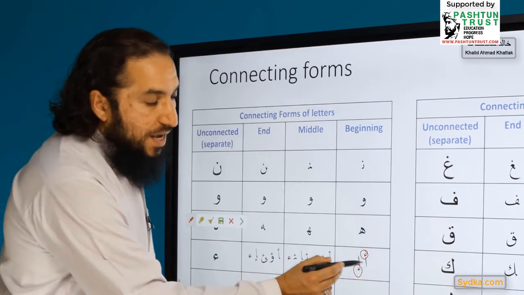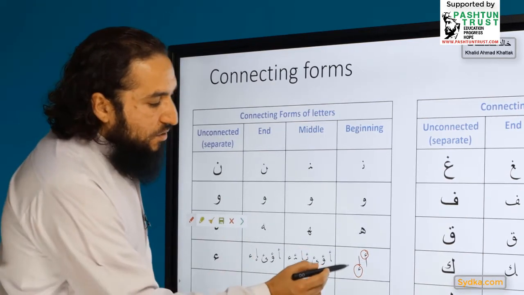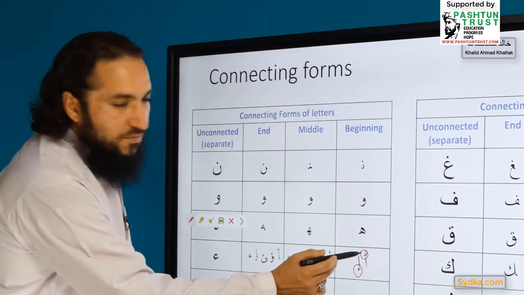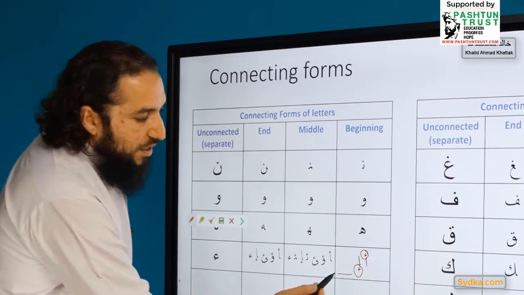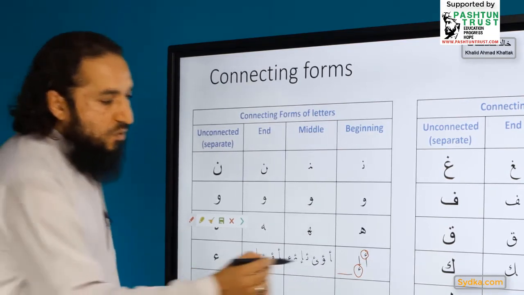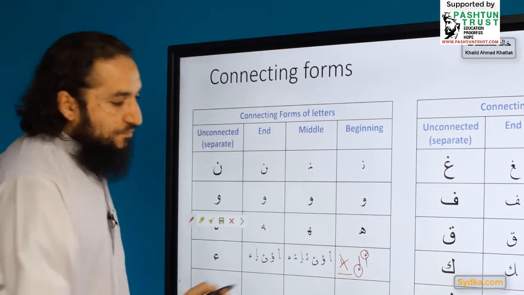It uses alif as a chair or a seat, either above alif or below alif. So you can't connect other letters with it after it when it comes in the beginning.